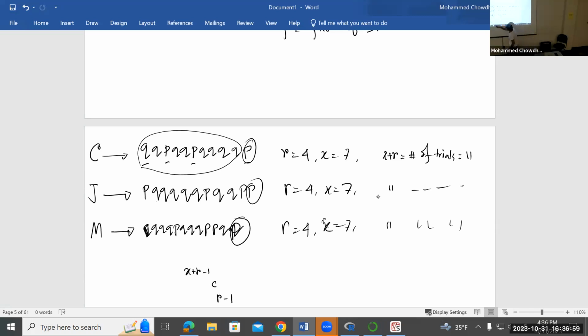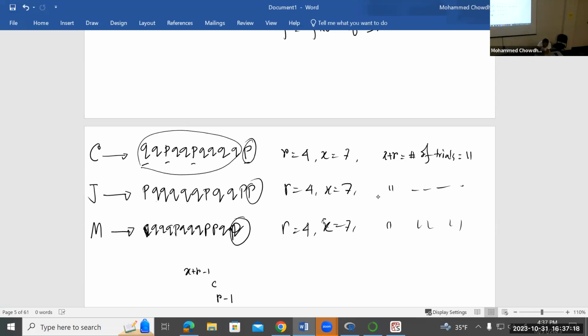Why R minus 1? 4 successes: 1, 2, 3, and 4. So I want to compute how many ways 3 successes could be done.